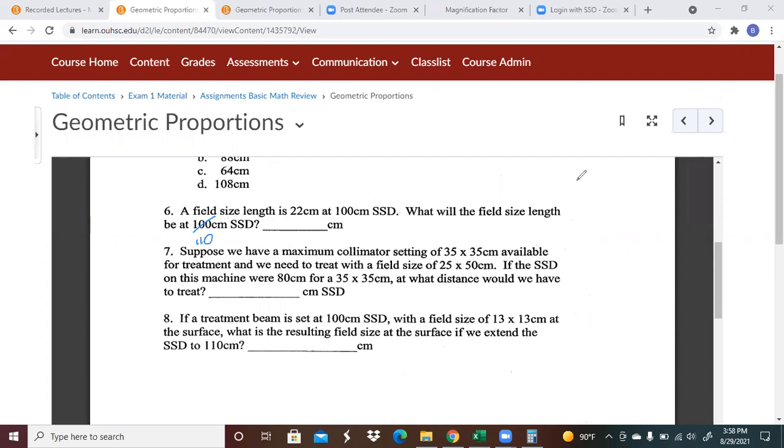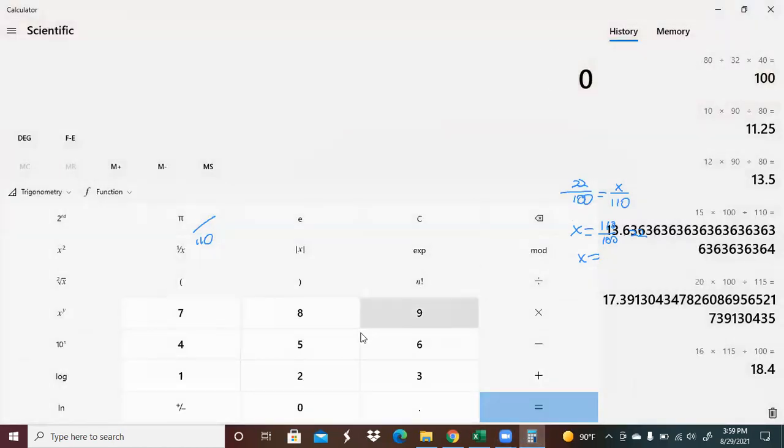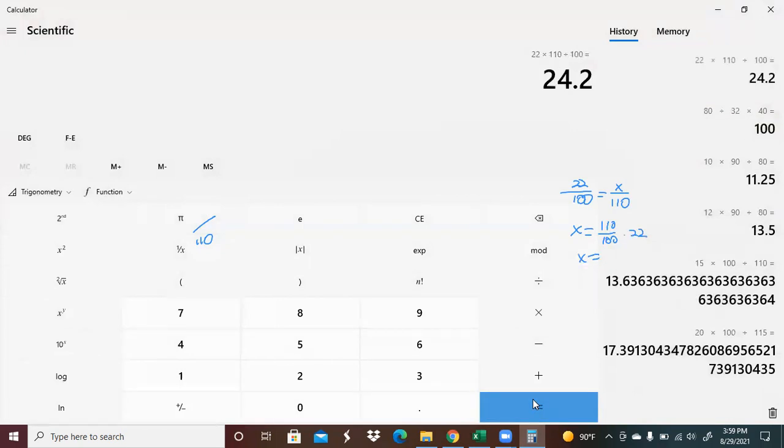So if it's at 110, field size length 22 per 100 is equal to what at 110? That means X is equal to 110 divided by 100 times 22. X is going to end up equaling what? 24.2.